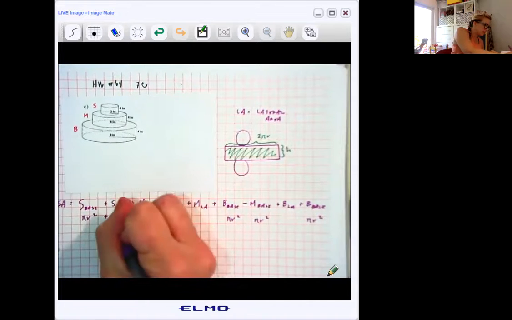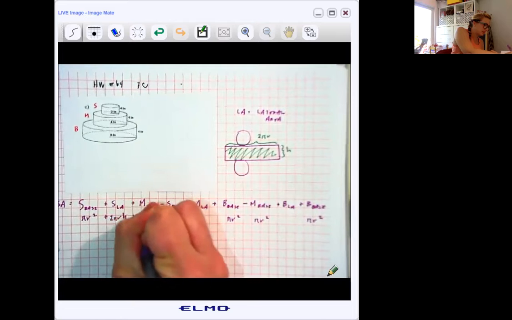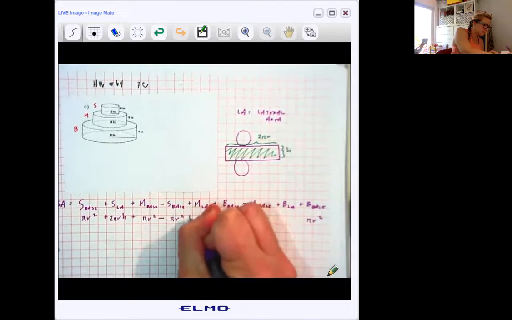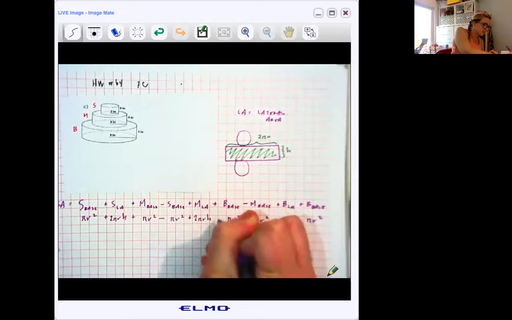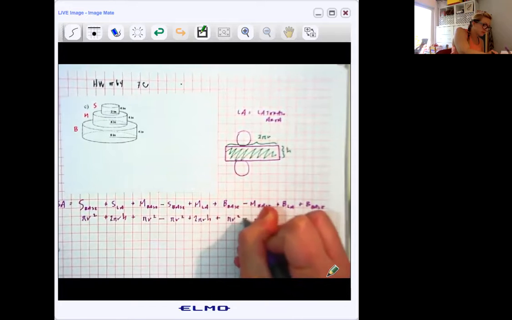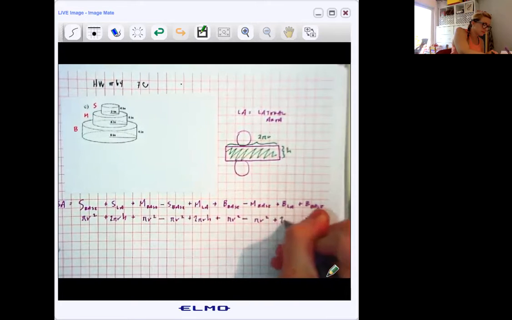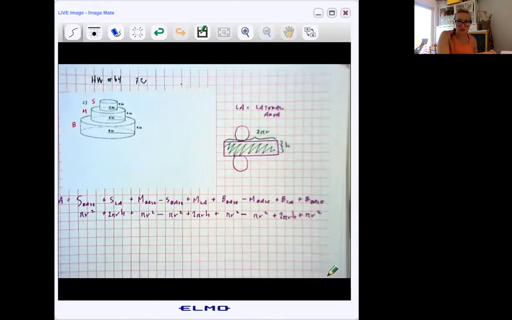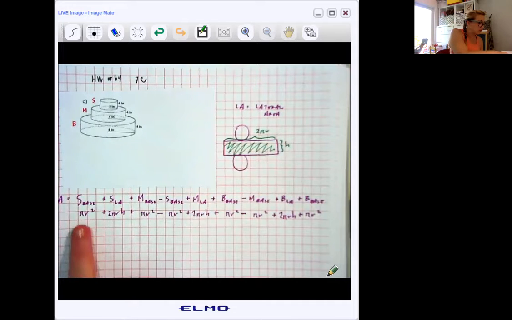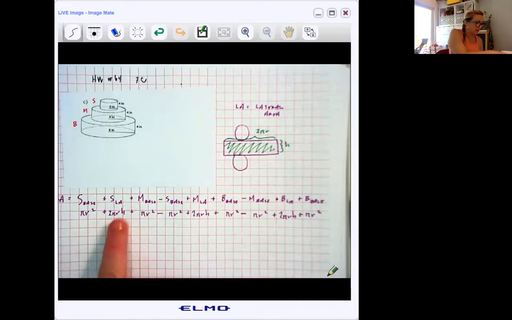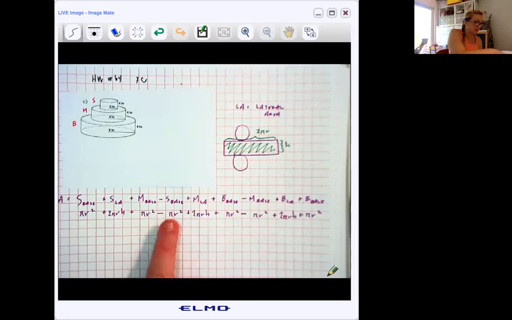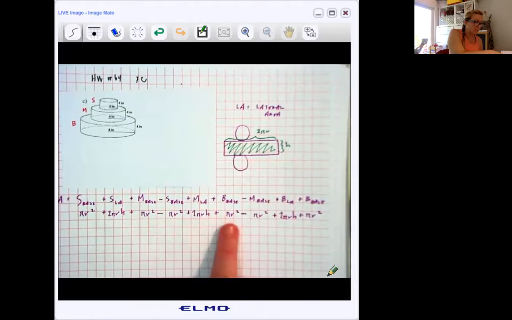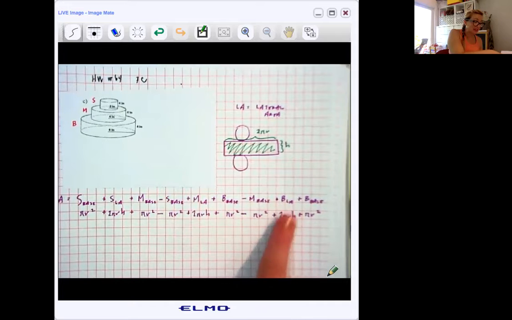So I just wrote out those formulas for each component. Small base plus small lateral area, medium base minus the small base, medium lateral area plus big base, take away the medium base, add the big lateral area, add that bottom base right here.